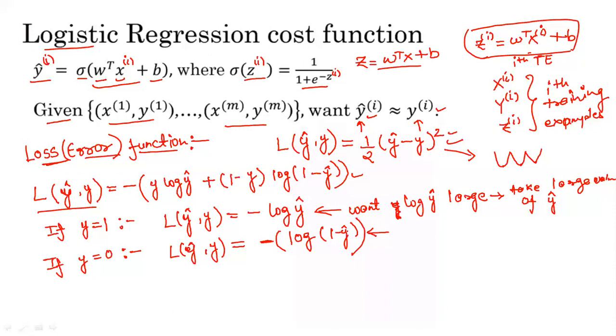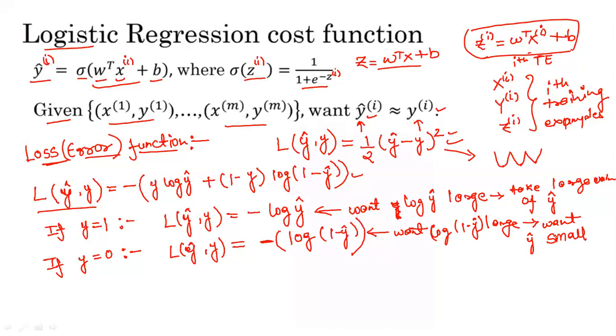So if this y hat takes a value that approximately touches 0, then this equation will become log 1, and that is the smallest value that this loss function can achieve. So what we want is log of 1 minus y hat to be large, and for doing this we want y hat to be as small as possible.